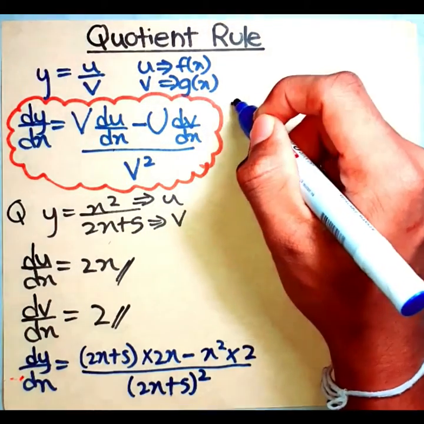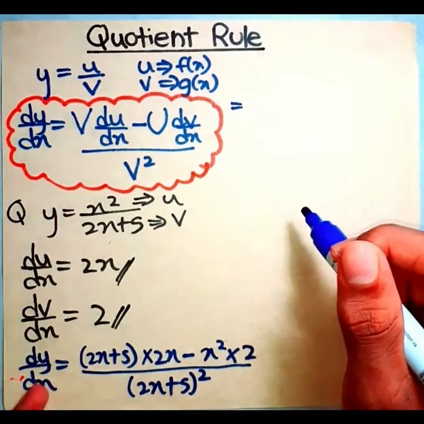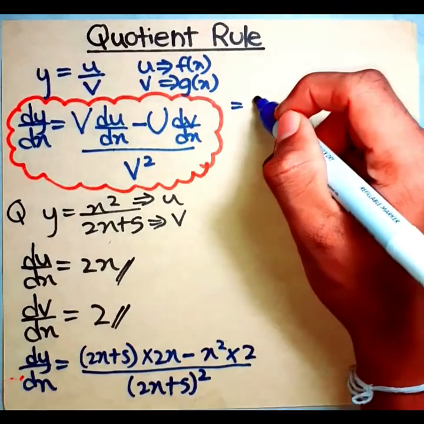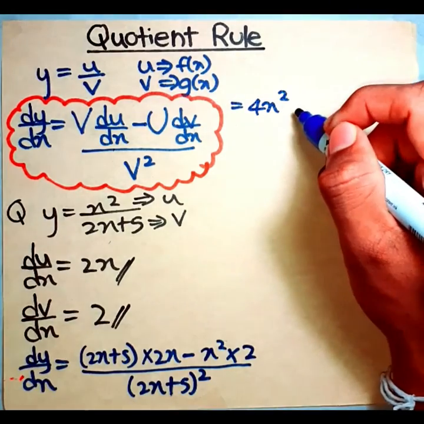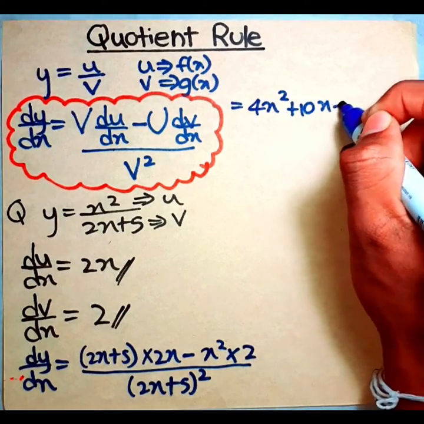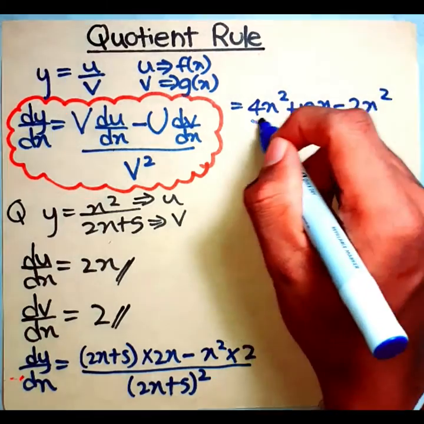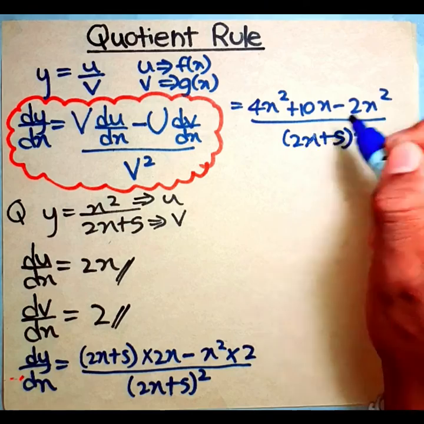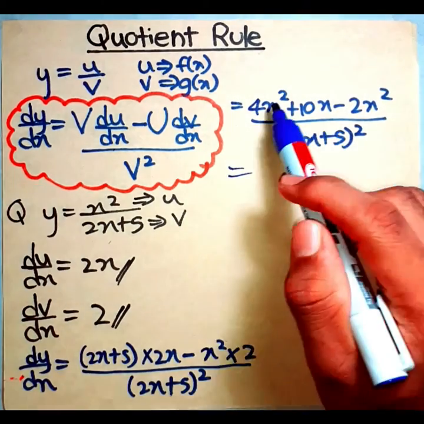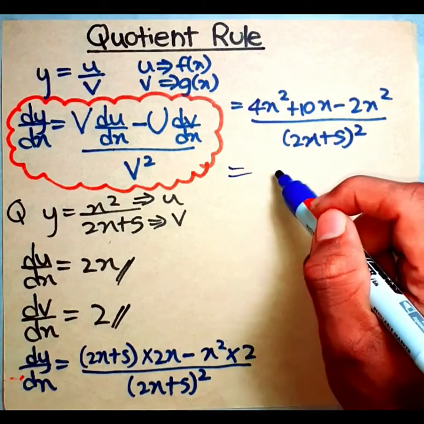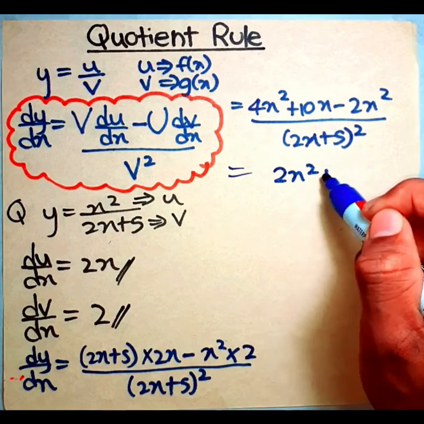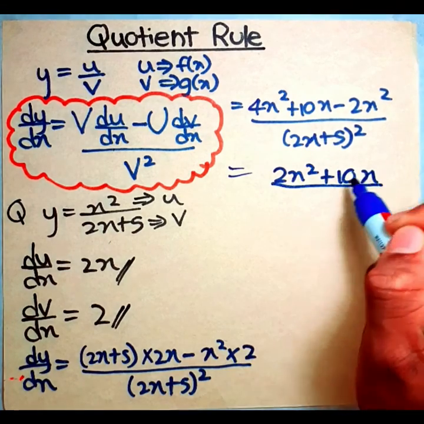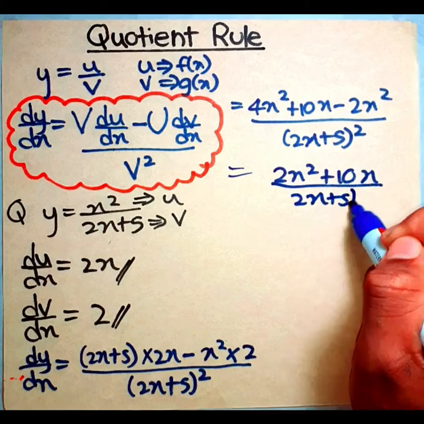We simplify this and write it as 4x squared plus 10x minus 2x squared, divided by 2x plus 5 everything squared. Now we can subtract these two terms, so it's going to be 2x squared plus 10x divided by 2x plus 5 everything squared.